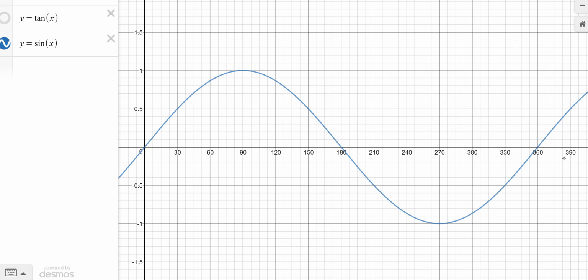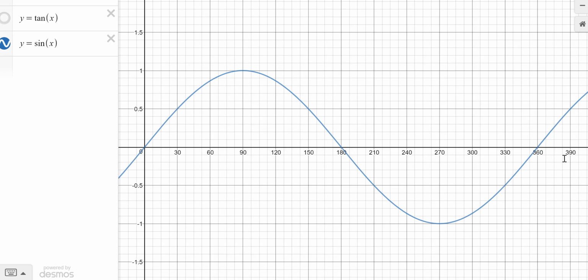This one is at -0.5 and it's 30 degrees away from 180 from where it started. This one is also at -0.5 and that's at 330 degrees, also 30 degrees from where we finished. So it's a symmetrical graph and it follows this periodic pattern like a sound wave. So that's what the sine graph looks like.